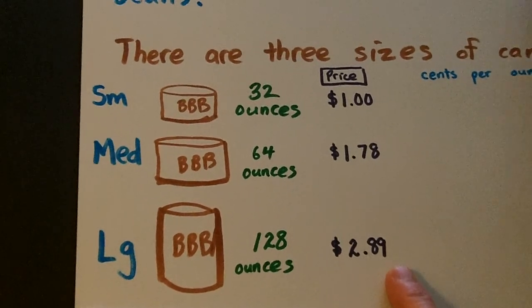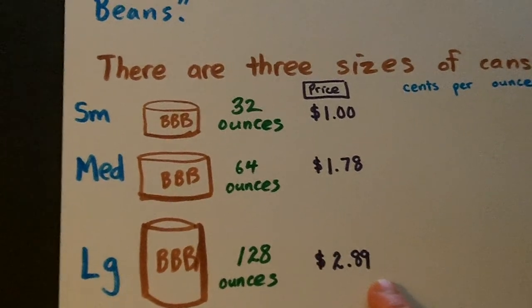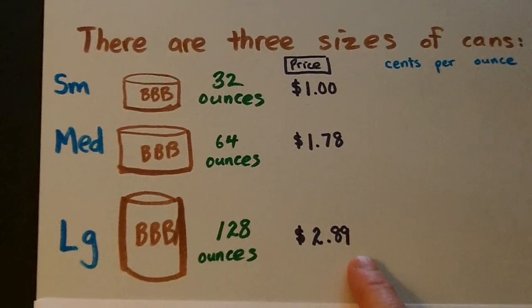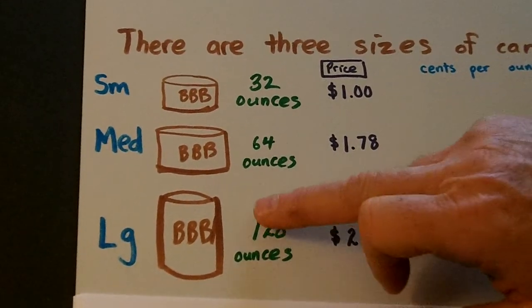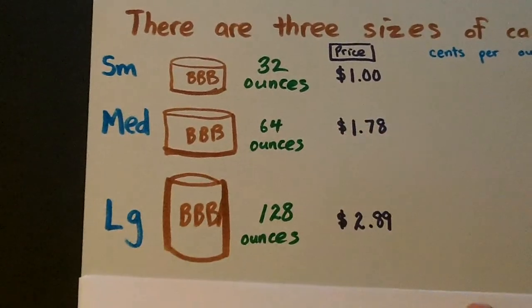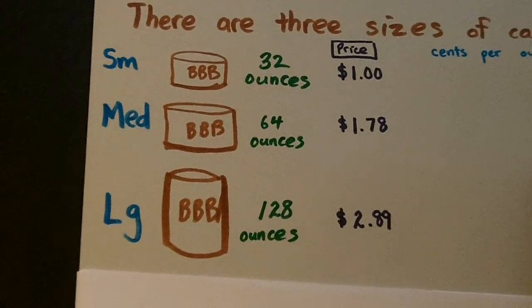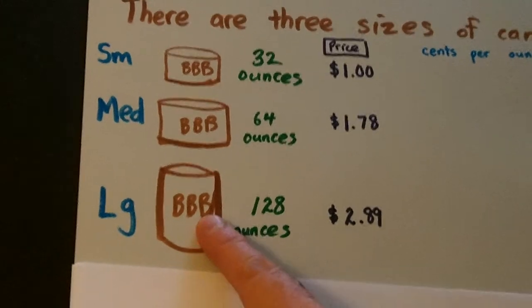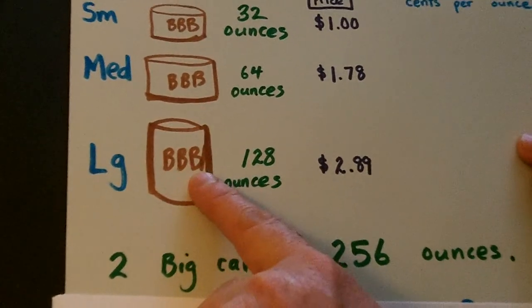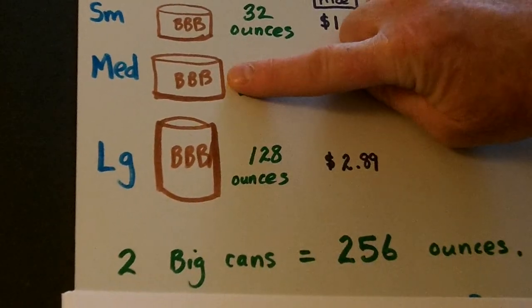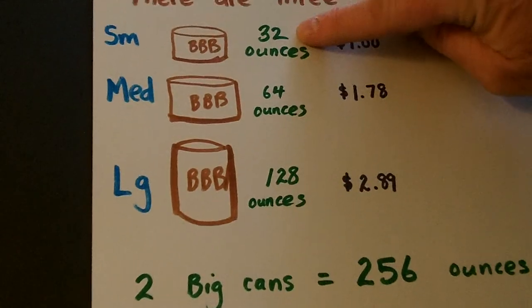Okay? Now, remember that you want about 2 big cans. And so you're thinking, okay, I need at least 2 big cans of these for the amount of beans. So I can either buy 2 of these, or 4 of these, or 8 of these.